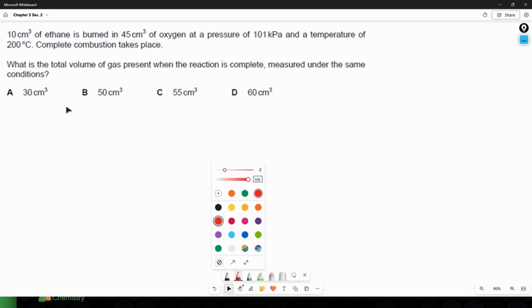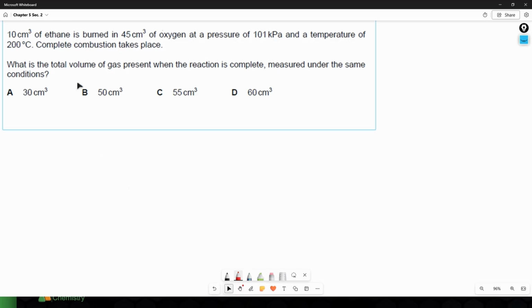If we look at this problem, first of all, we need an equation because they're talking about a combustion reaction. Ethane is burned in oxygen. And again, you wouldn't know what ethane is right now, but you will later in the year.